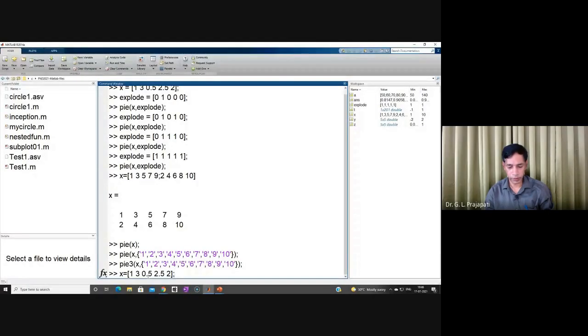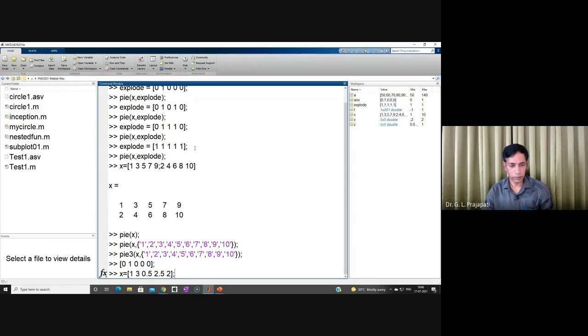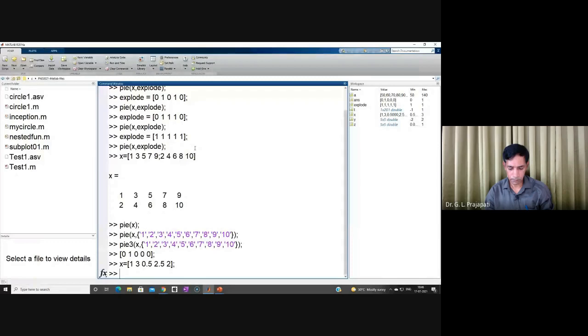Say x is like this, and you have explode with this value. You can call it y, no issue.